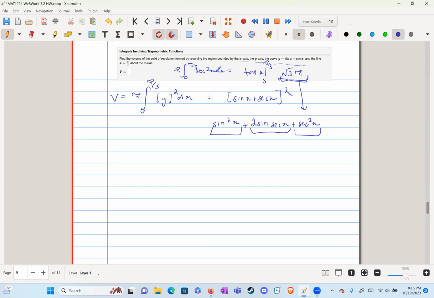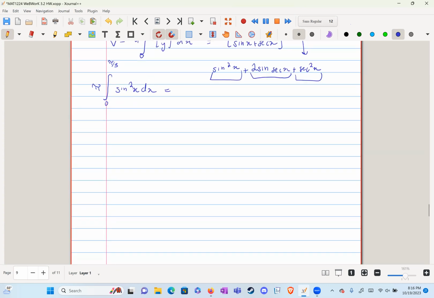Now, the harder parts are these last 2 integrals, from 0 to pi over 3. Let's start with the integral of sine squared x dx. Pi out in front. That's going to be equal to, we can rewrite sine squared x as 1/2 minus 1/2 cosine 2x, which we can move the 1/2 out.